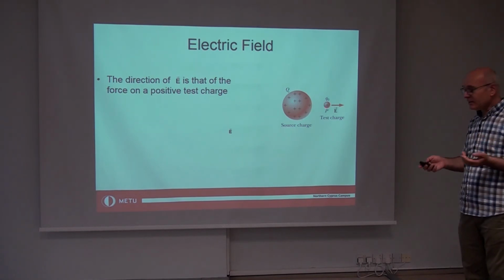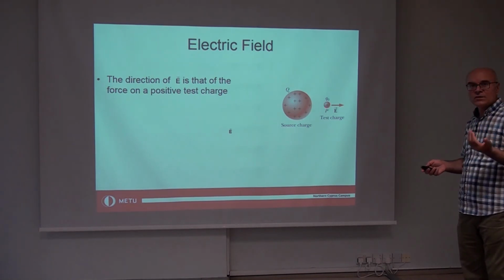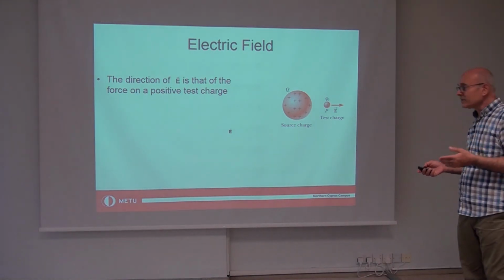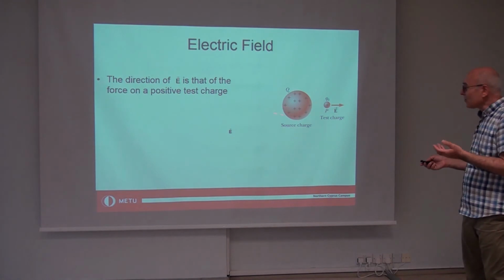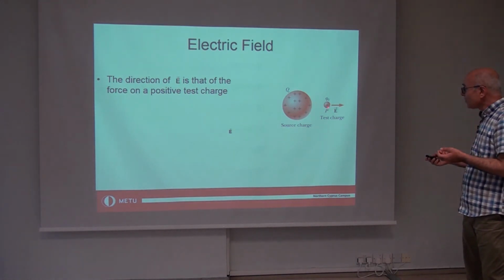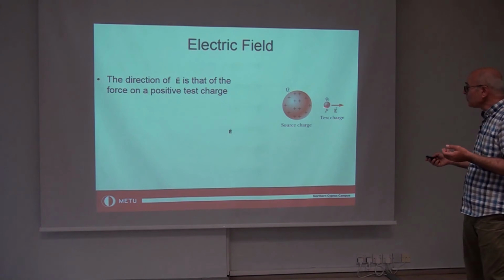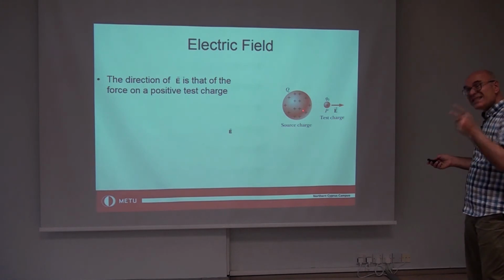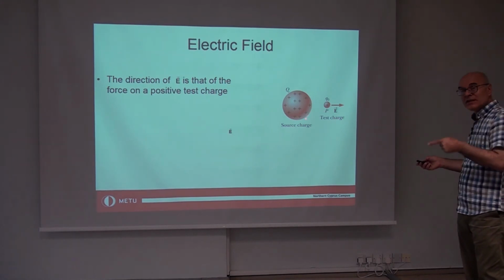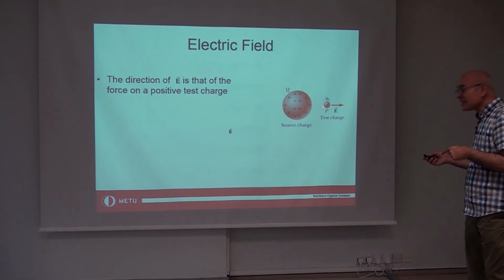What will be the direction of the force on that positive charge? For this particular example, the source charge is also positive, so according to Coulomb's law, the force will be away from this charge in this direction. Therefore, this is also the direction of the electric field vector at this particular point.